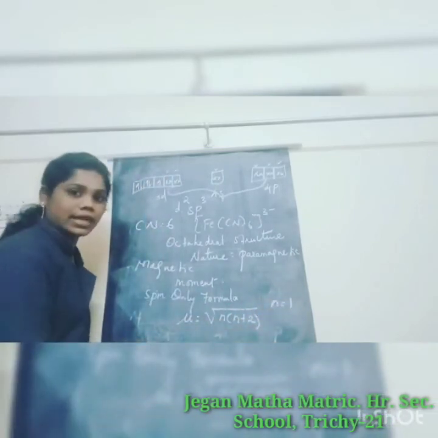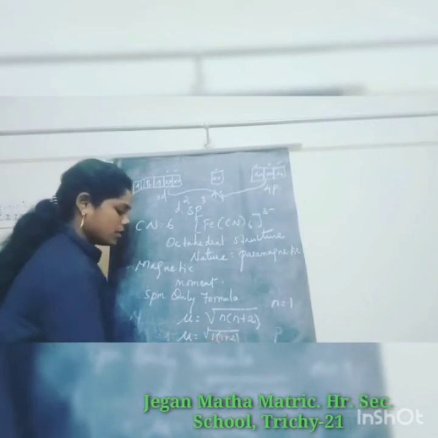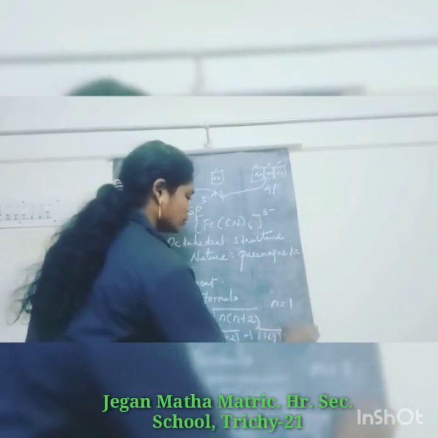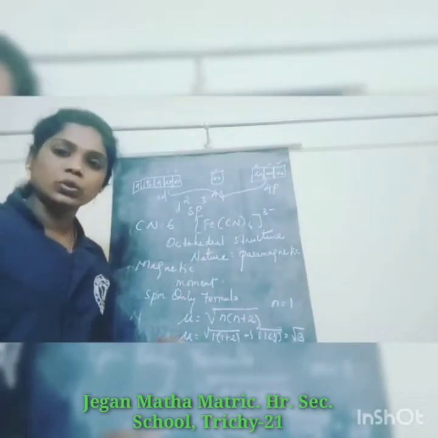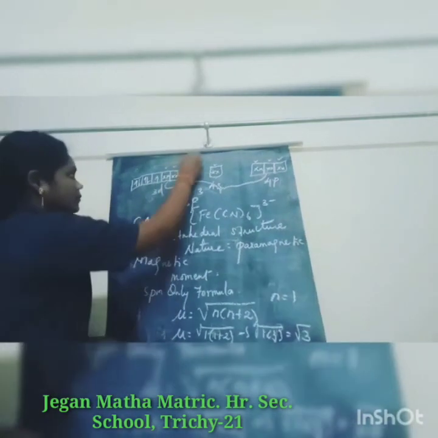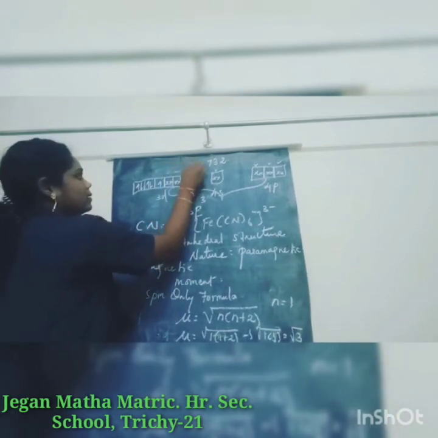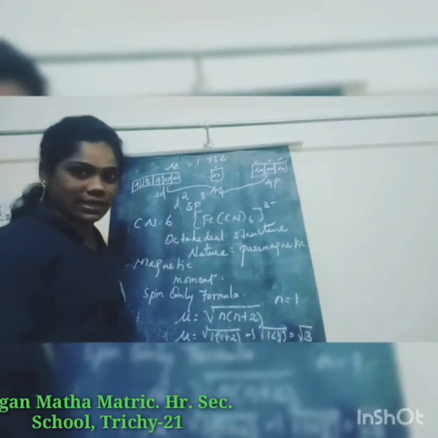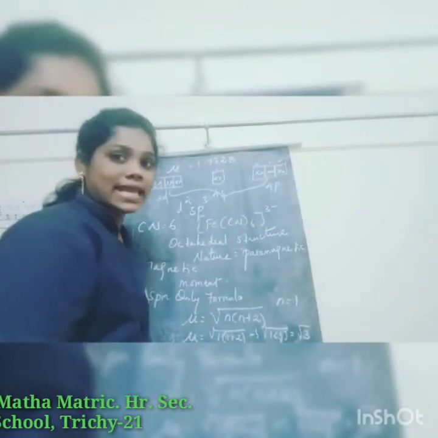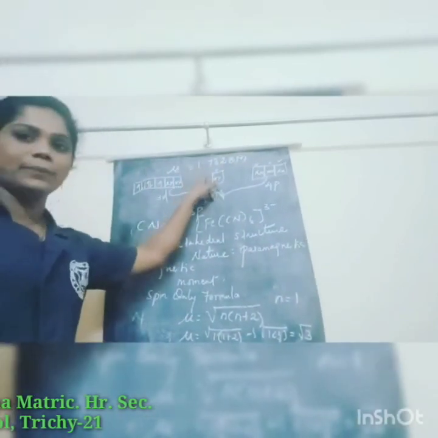Then mu is equal to square root of 1 into 3, which is square root of 3. The value of root 3 is 1.732. This is the magnetic moment, and its unit is the Bohr magneton, BM. So mu is equal to 1.732 BM.